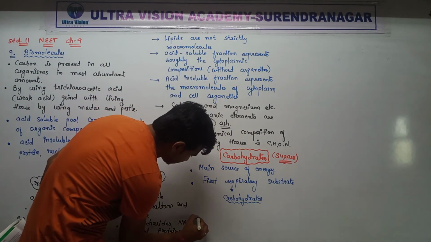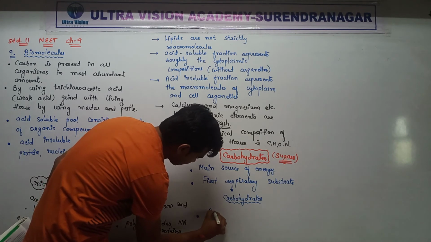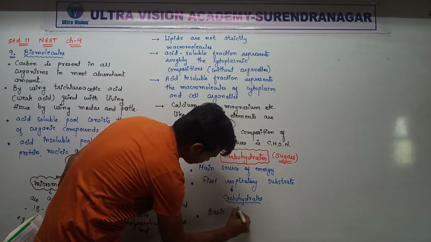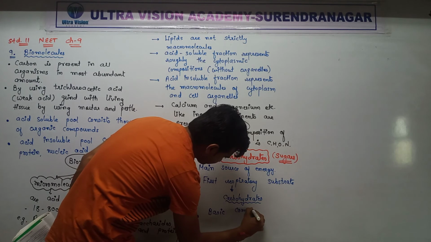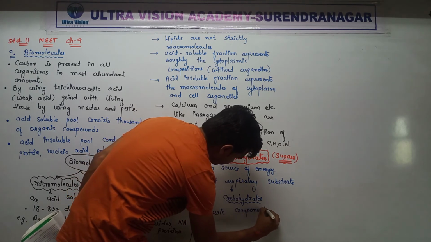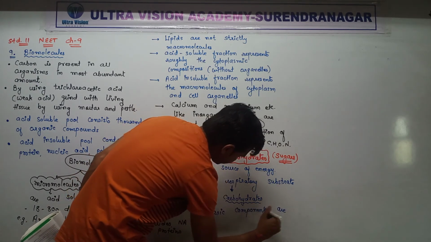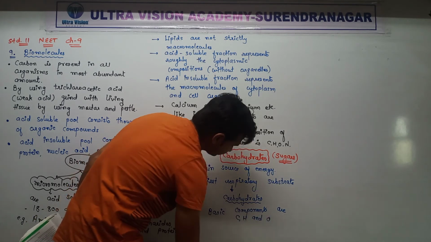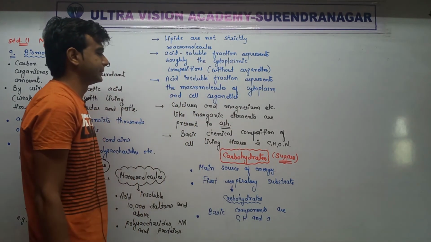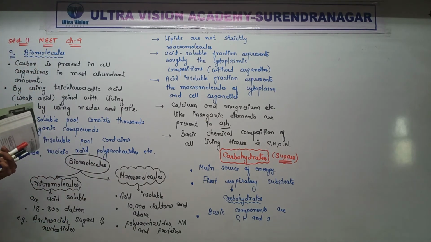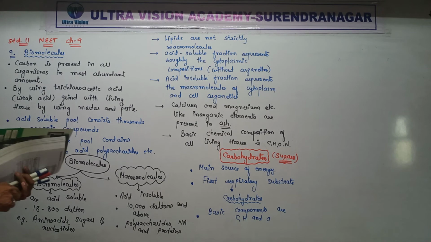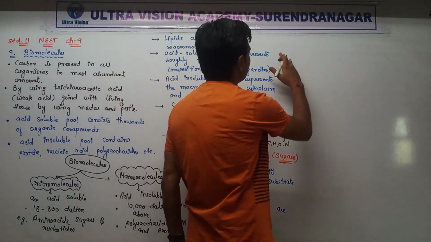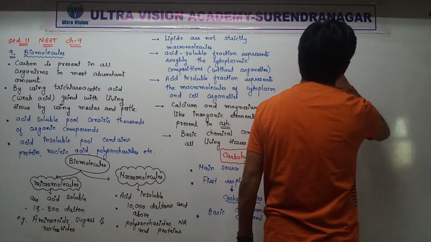Basic components are C, H and O: carbon, hydrogen and oxygen. Basically hydrogen and oxygen are present in a 2:1 ratio.